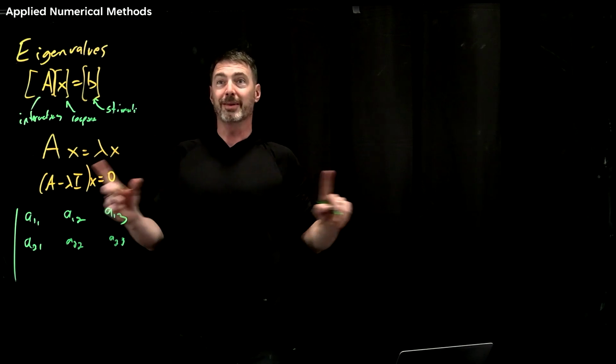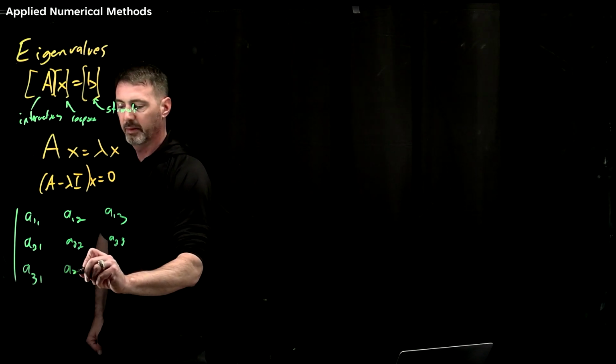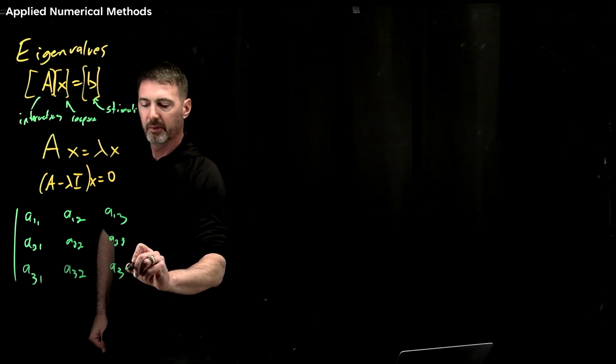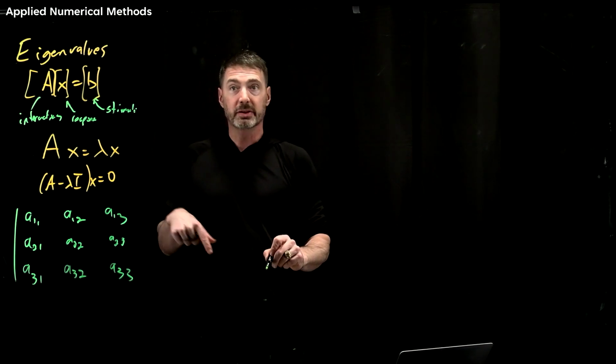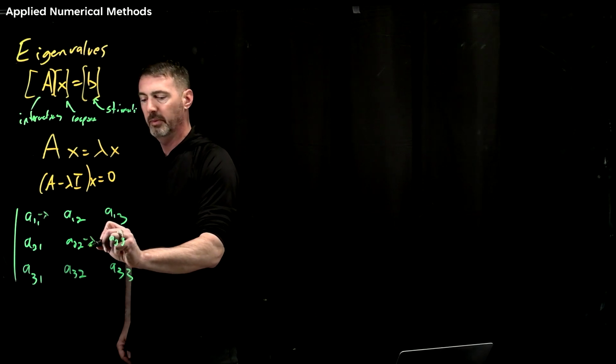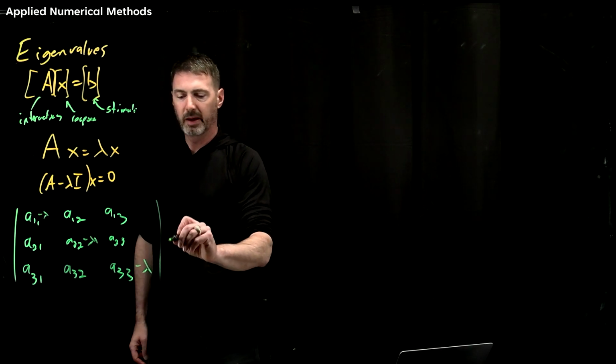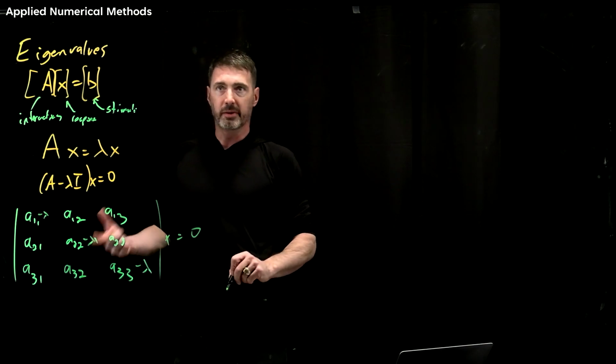Again, this can be much bigger than 3 dimensions. A31, A32, A33. And so what we're actually solving is this minus lambda on the diagonals. When is that times x equal to 0?